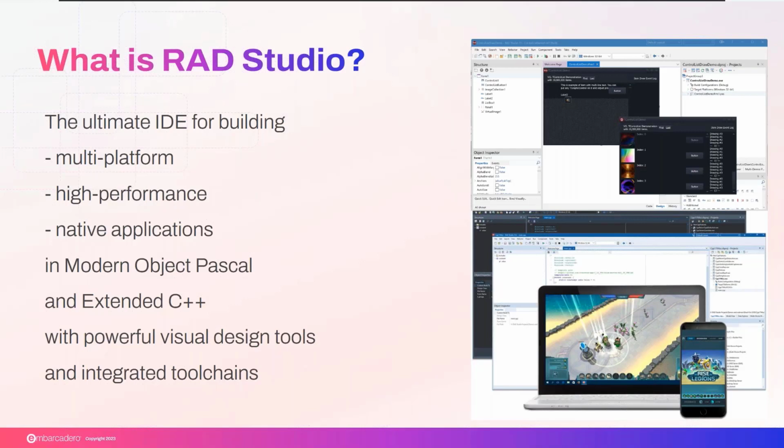So we're creating binaries that are compiled and executed natively in the operating system, which is an incredible high performance boost compared to interpreted code like JavaScript or other alternatives.